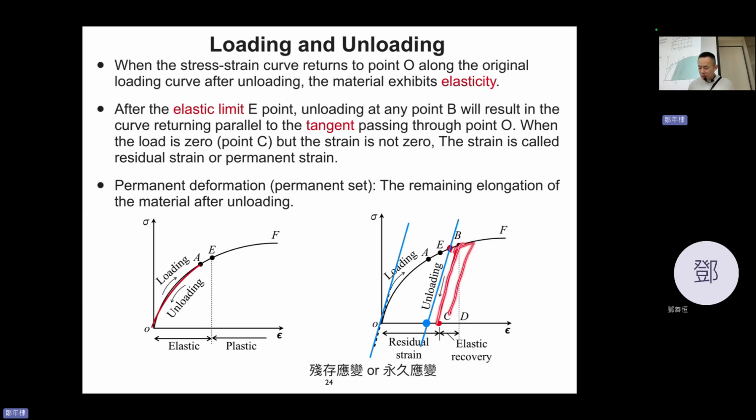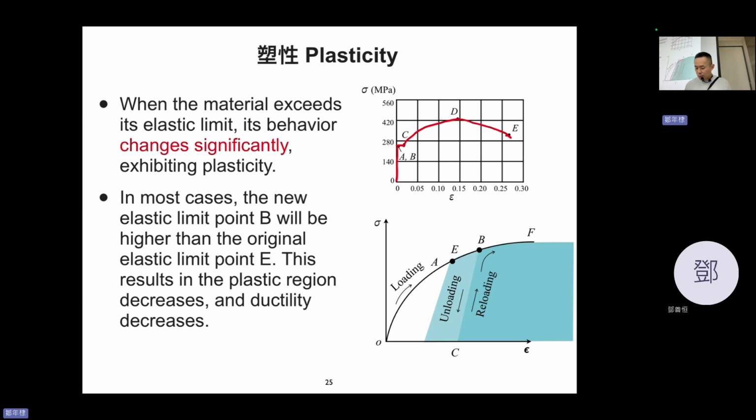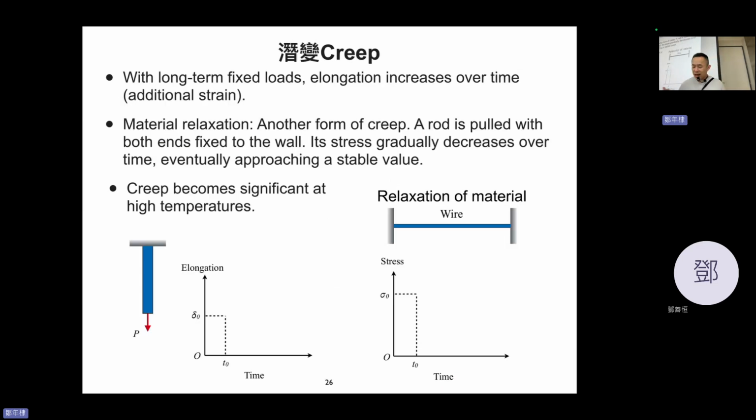So you can see that the line here keeps moving to the right, and you're generating more permanent strain. Okay, maybe epsilon P or maybe other symbol. All right, so this is what we learned last week.